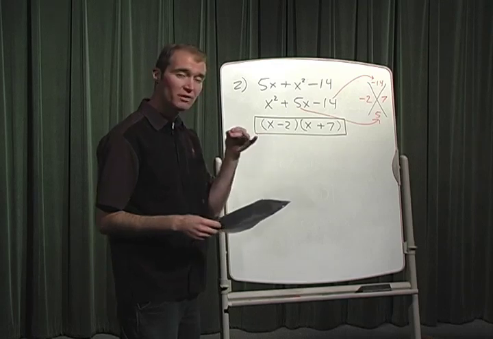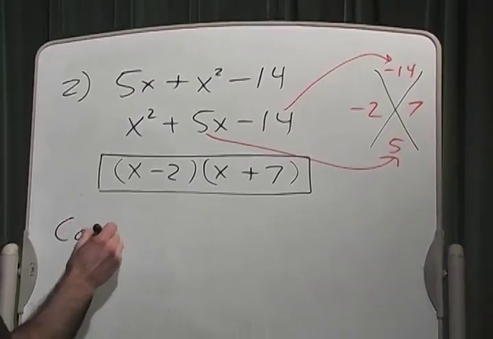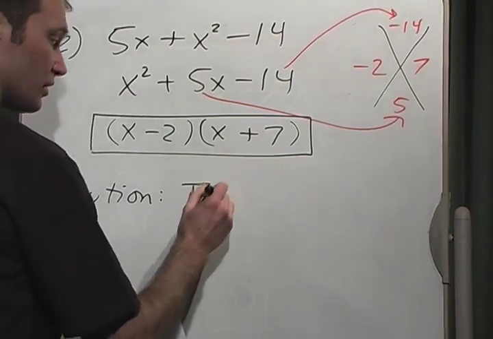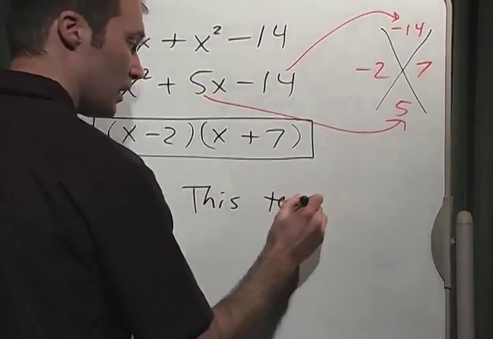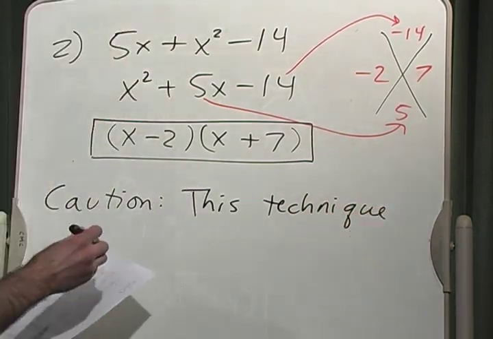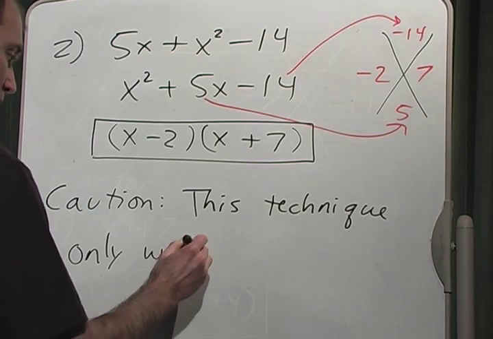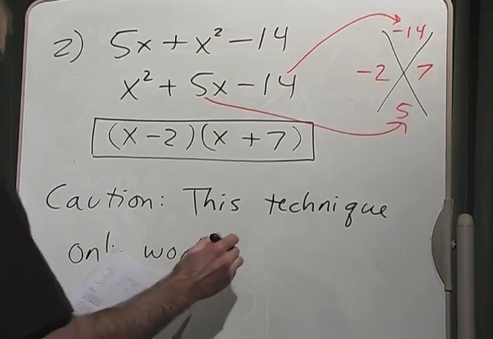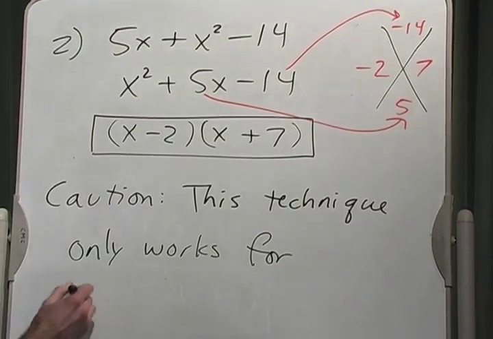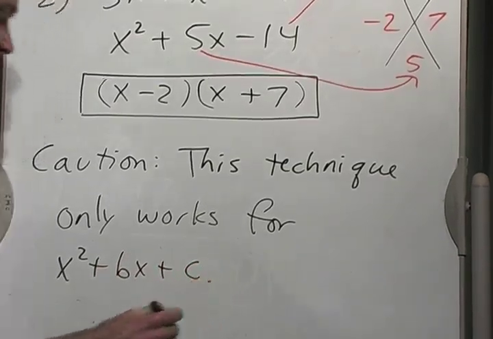Now, before I do my final problem, I want to give you a caution. This technique that I'm showing you only works for trinomials of the form x squared plus bx plus c.